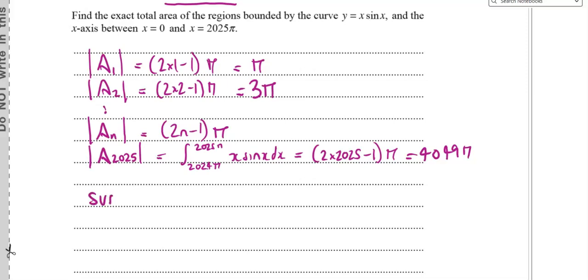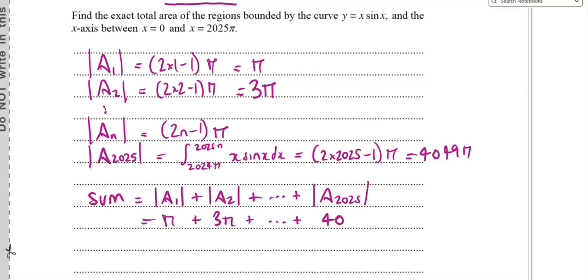So the sum of all of those areas is A1 plus A2 plus all the way up to A2025. So it's pi plus 3 pi plus all the way up to 4049 pi.